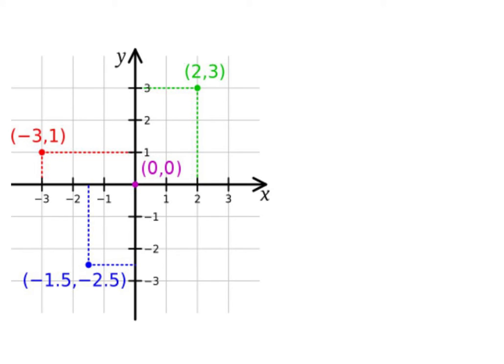So how can we even plot a point? Well, we are dealing with an ordered pair, which means we have x comma y. Your x determines how much you go left or right. So I would start at the origin, and the origin is the dead center where the two axes meet, the 0, 0 point, also known as the origin.